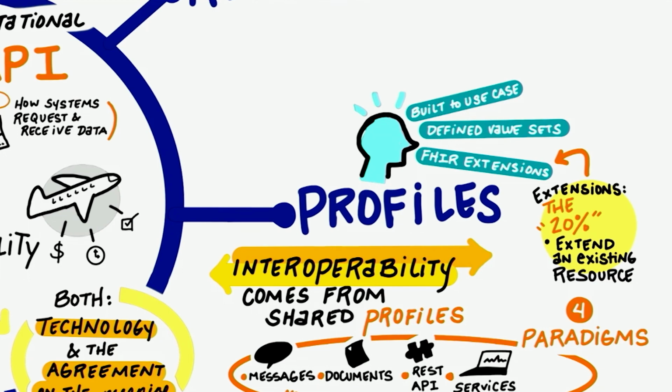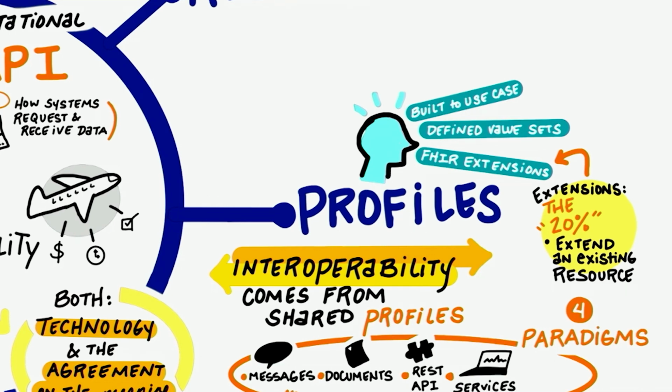And the other requirement in the specification is that if you do create an extension because you're adding a data element, you must publish that extension to a publicly available URL so that somebody that receives that data can discover what the meaning of that FHIR extension is. It certainly promotes interoperability to be able to do that.